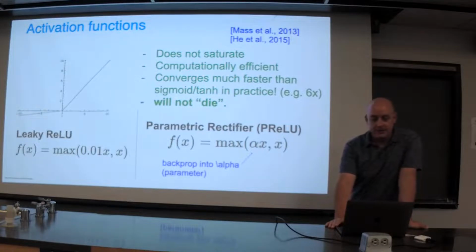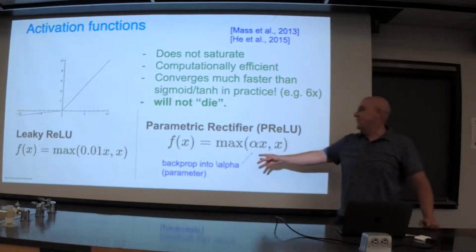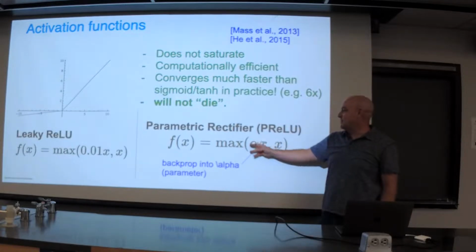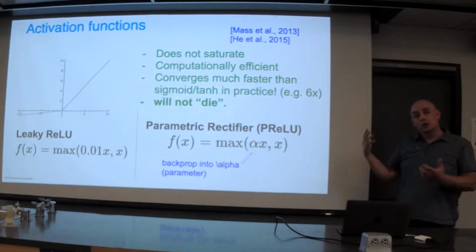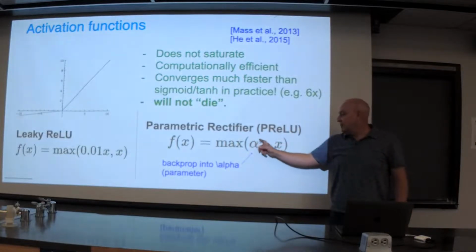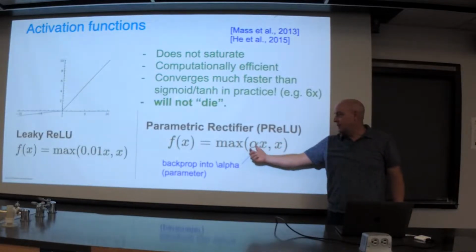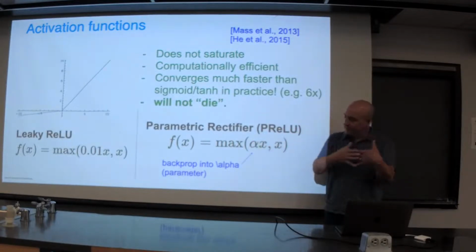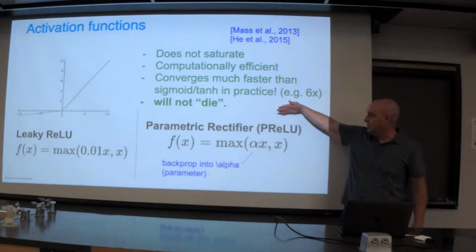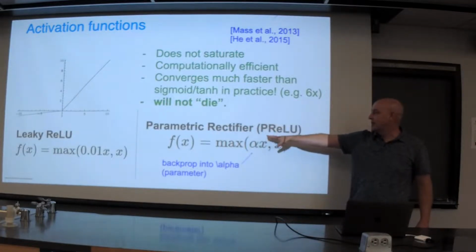Now that you've seen this, you can think, well, I can have this slope be anything. In fact, I could even learn the value of this, right? If you let this be a learnable parameter, so that you're optimizing the slope for the second branch here, this is often called a parametric rectified linear unit.